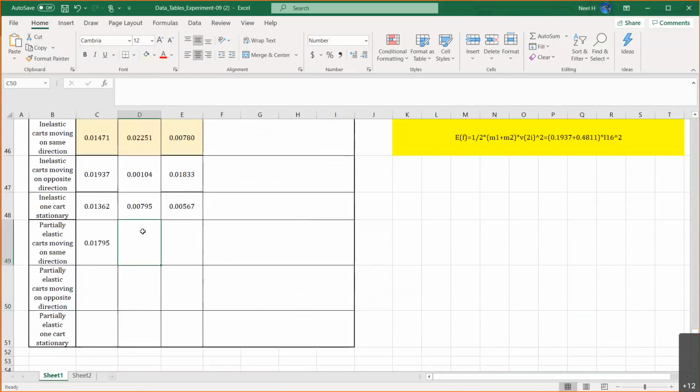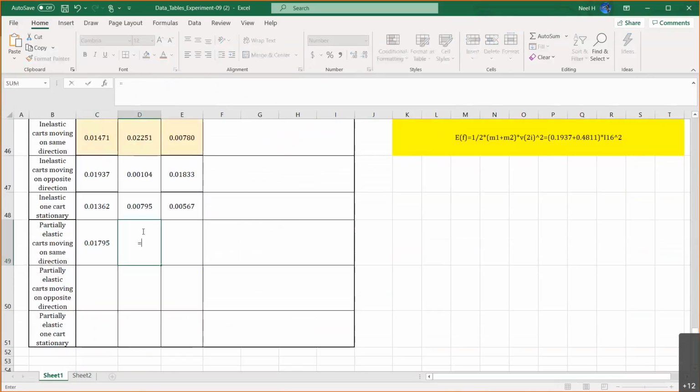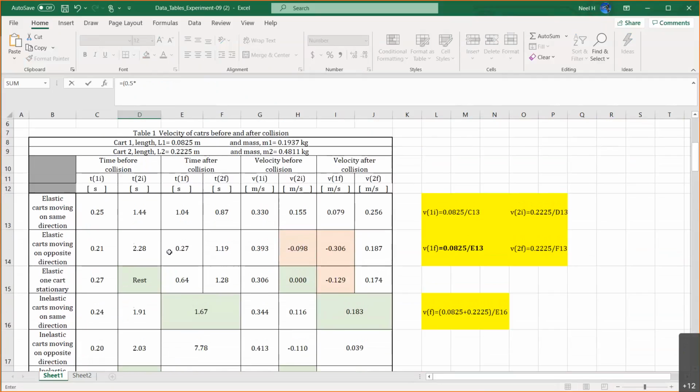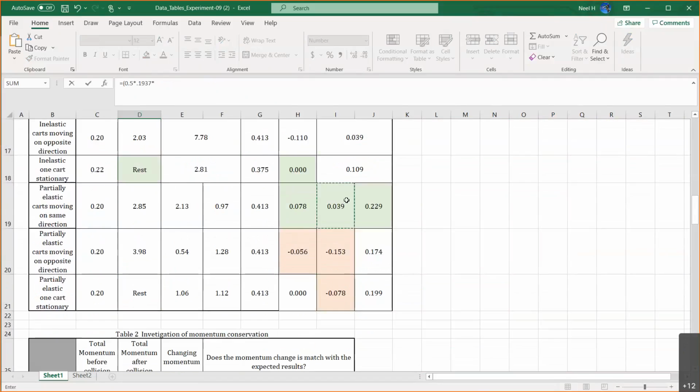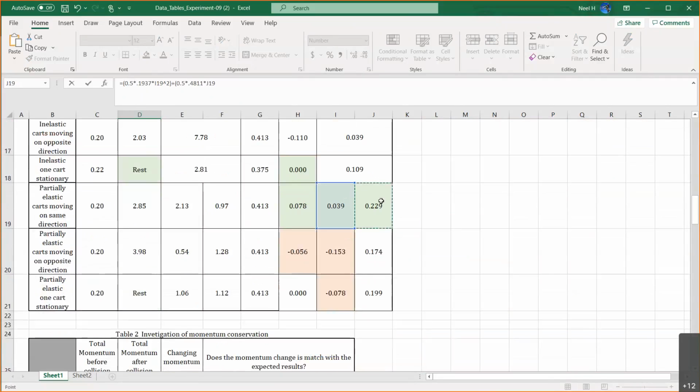Okay, so let's check that with the final. Equal sign, you have to type the command always for case number 1. Case 0.5 mass of object number 1, 0.1937, times the velocity of object 1 after collision to the power 2, plus open brackets 0.5 times mass of object 2, 0.4811, multiplied by the velocity of object 2 final to the power 2, close brackets.